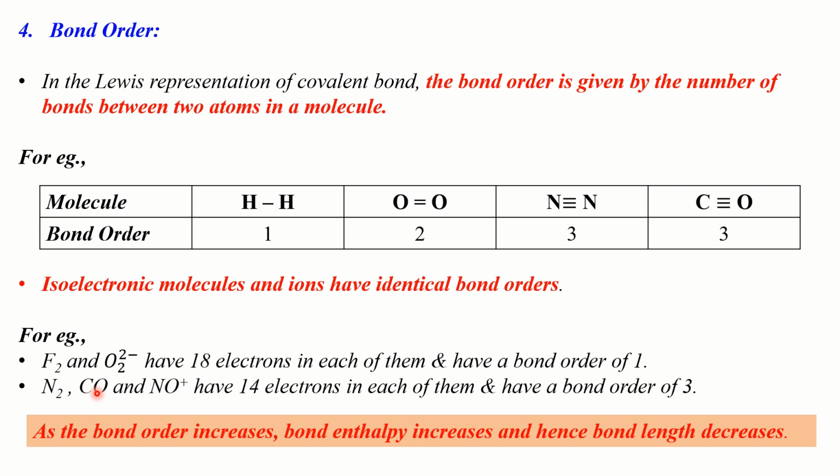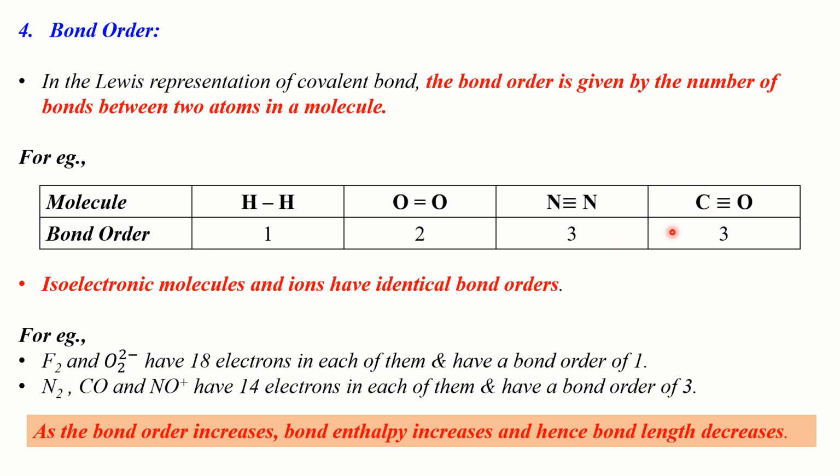From the Lewis structures of nitrogen and carbon monoxide molecule, we know that there are 3 bonds between the two nitrogen atoms of nitrogen molecule and the carbon atom and oxygen atom of carbon monoxide molecule. Now look here, there are three bonds between the two nitrogen atoms of nitrogen molecule, and there are three bonds between the carbon and oxygen atom of carbon monoxide molecule.